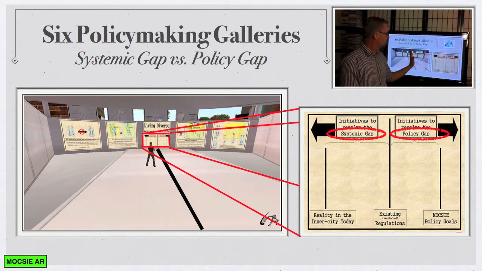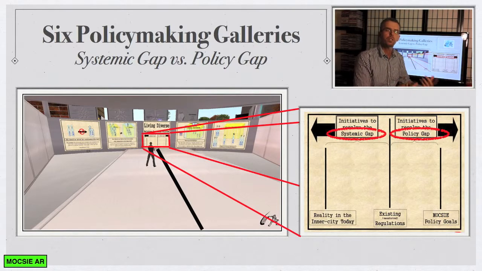So the bottom galleries, the policy galleries, are divided in half. So if you're talking about a systemic gap, there's already an existing good policy, but it's just not being enforced equally because, let's face it, the hegemonic narrative does nothing to enforce a good policy if it does not serve the more powerful majority.